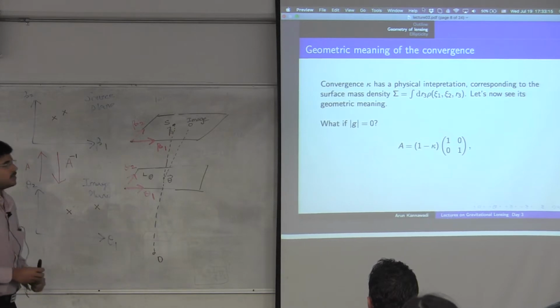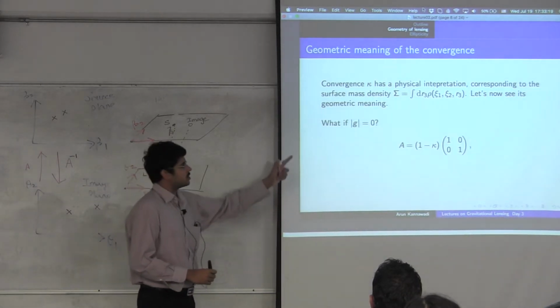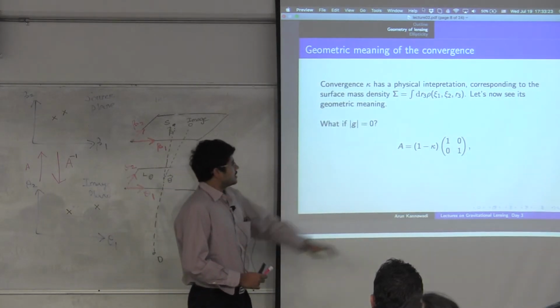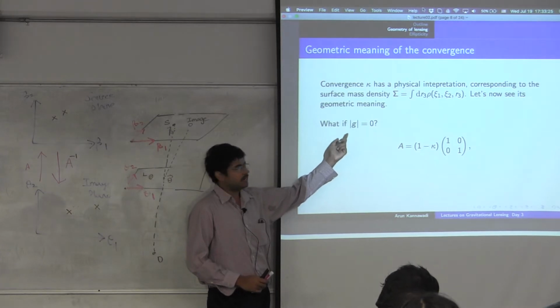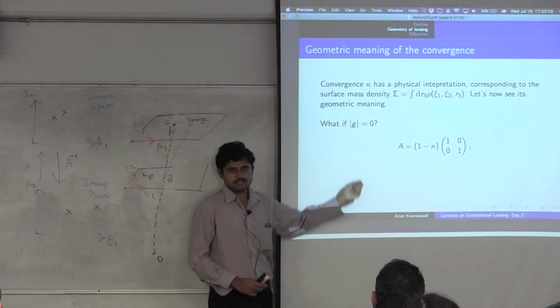To see the geometrical meaning, let's set G1 and G2 to 0. This is never possible in a weak lensing case. If G is 0, then kappa is also 0.